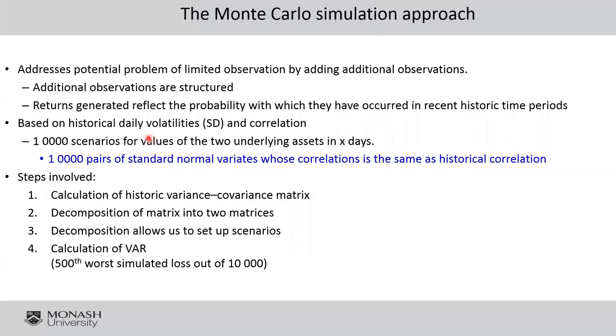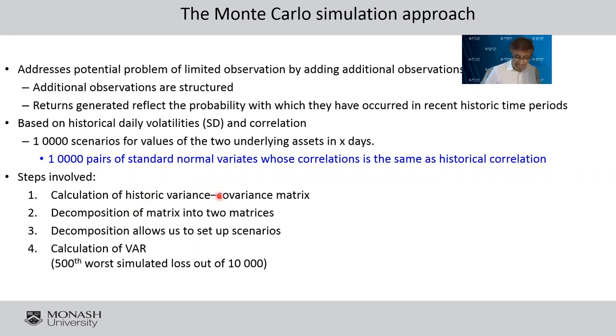So they use something called Monte Carlo simulation. I don't know how many of you have done Monte Carlo simulation, but it uses this method. They calculate matrices, they decompose the matrix into 2 matrices. This is all statistical. You don't have to do it. Excel can do it for you. Some other programs can do it for you.